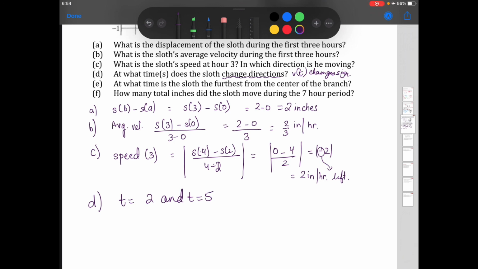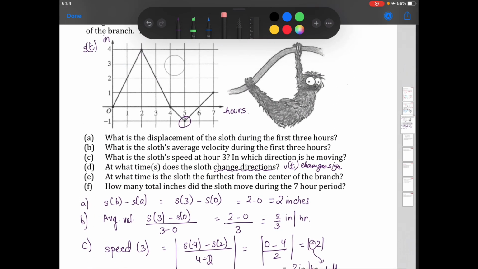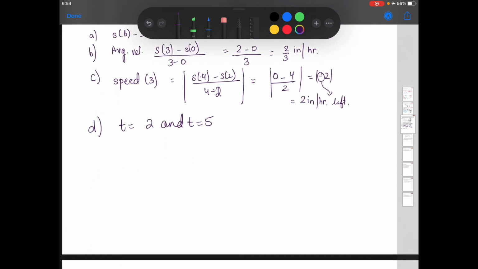Part E. At what time is the sloth the furthest from the center of the branch? So furthest means furthest away from the x-axis. If I look at my graph, where is it furthest? It is furthest at t equals 2.